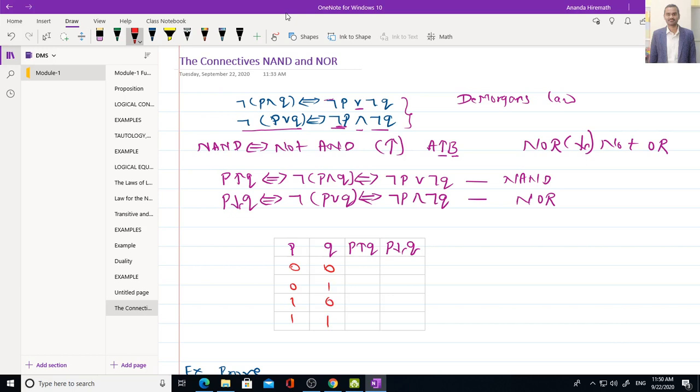For and, wherever both inputs are 1, the output will be 1, and its negation means here it will be 0 and for the remaining, 1. For NOR, usually for the or operation, if both inputs are 0 then only we write 0, but it is not or, it means it is 1, and all the remaining will be 0, 0, 0. Well, this is the truth table for NAND and NOR.